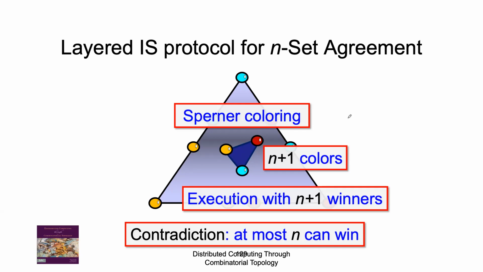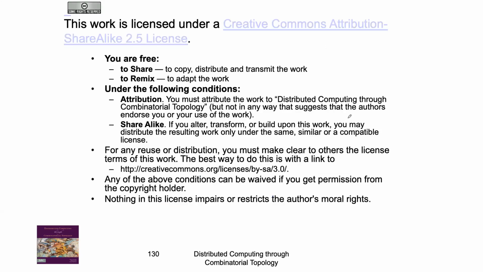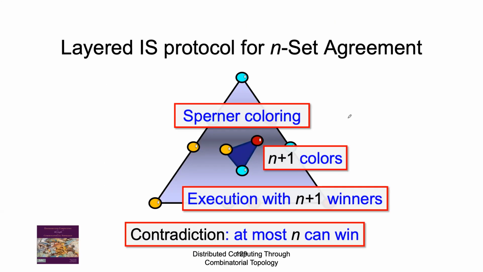Some people have been thinking about why this is true, and there were some results showing that certain kinds of statements require certain kinds of arguments, but it's still very intriguing to understand why exactly this combinatorics helps us. Any questions?